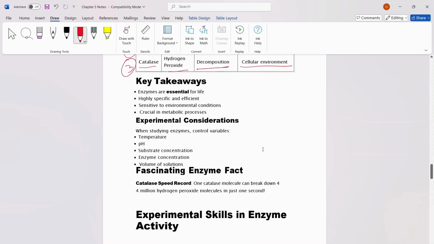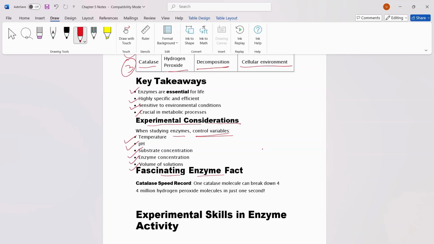So our key takeaways are: enzymes are essential for life, highly specific and efficient, sensitive to environmental conditions, and crucial in metabolic processes. Experimental consideration: when studying enzymes, control variables are important. You have control variables like temperature, pH, substrate concentration, enzyme concentration, and volume of solutions.